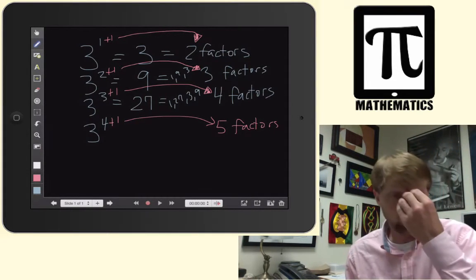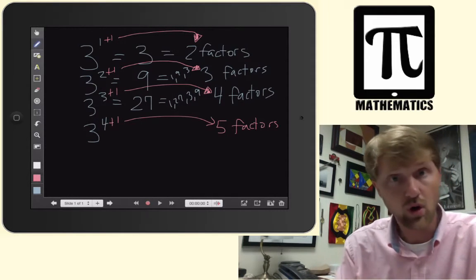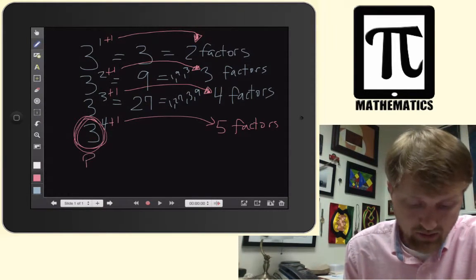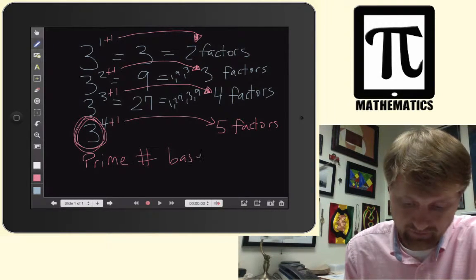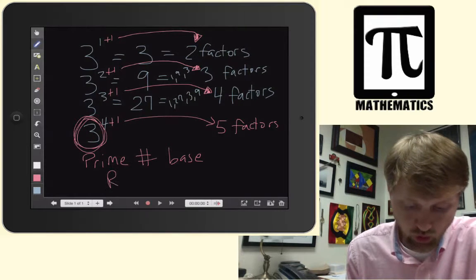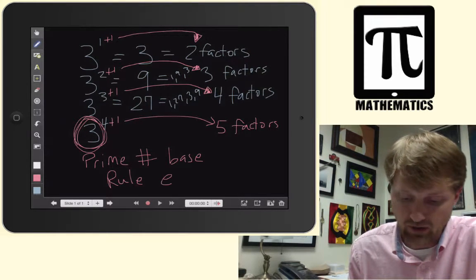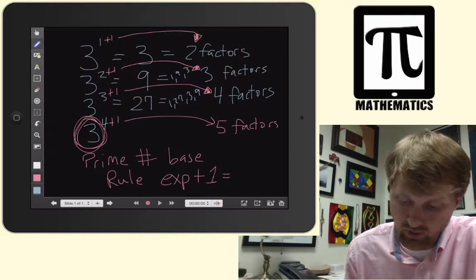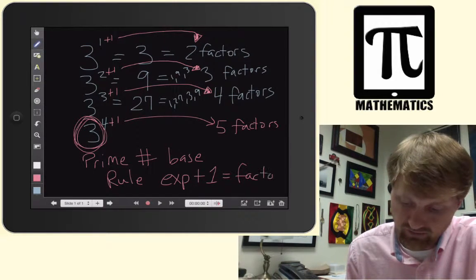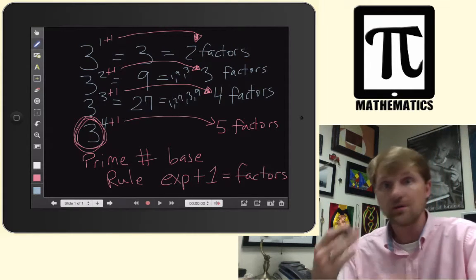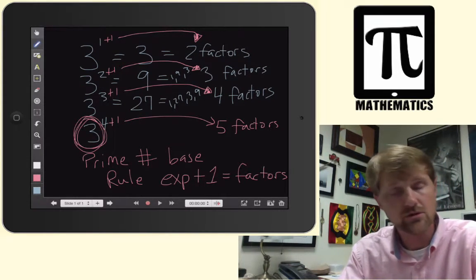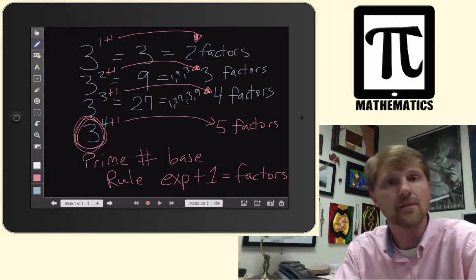Okay, so our rule is holding up. And our rule works mathematically when there is a prime number base. The rule is you take the exponent plus 1 equals the number of factors. So if you have a prime number and you know the exponent of that prime number, you can tell how many factors it has.